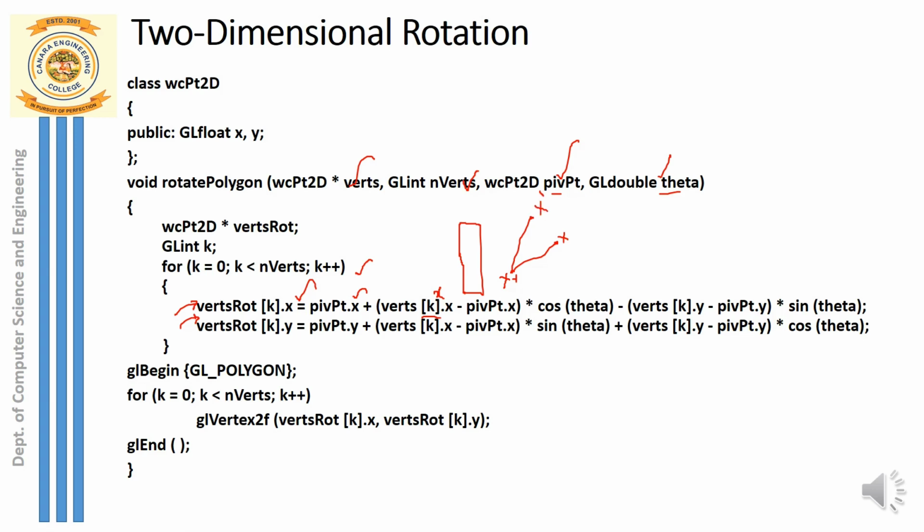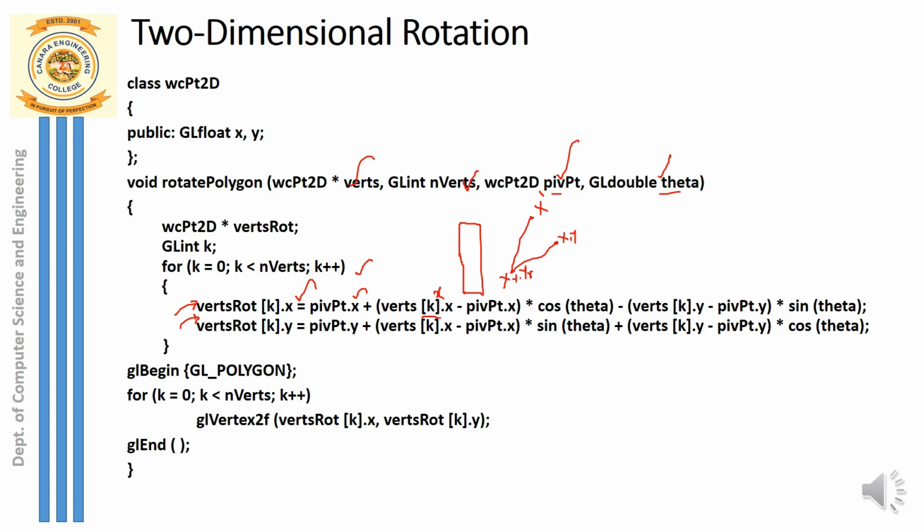So x dash is equal to the x coordinate of the pivot point, xr, plus the old coordinate x minus xr, into cos theta, because it's the adjacent side, minus the y coordinate of the old point minus the pivot point's y coordinate, given by yr, into sin theta. That is how you compute the x coordinate, that is x dash.